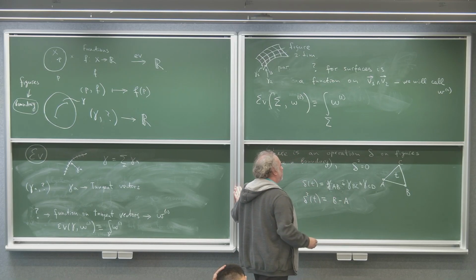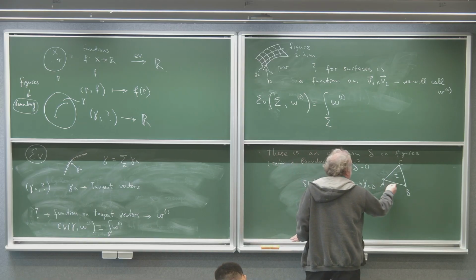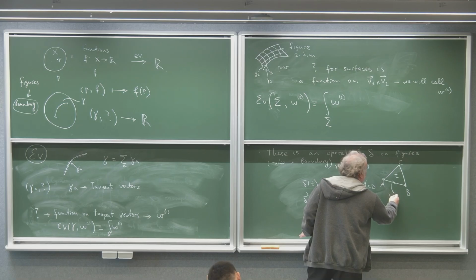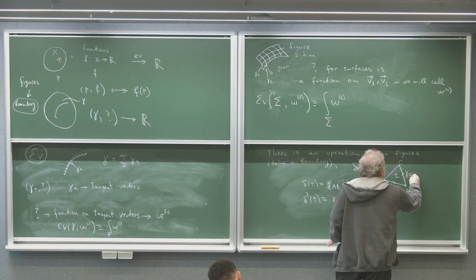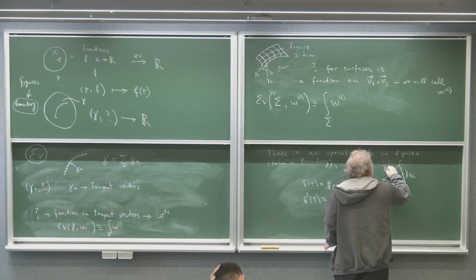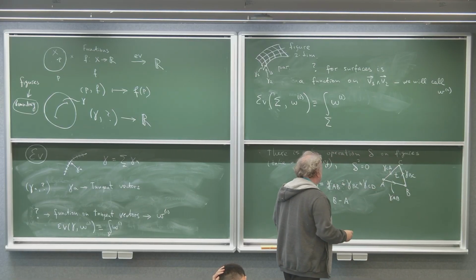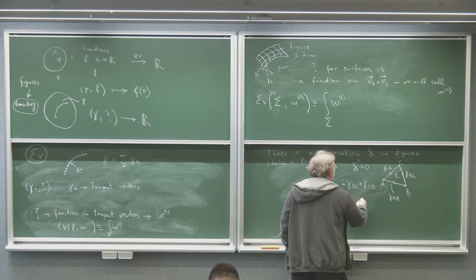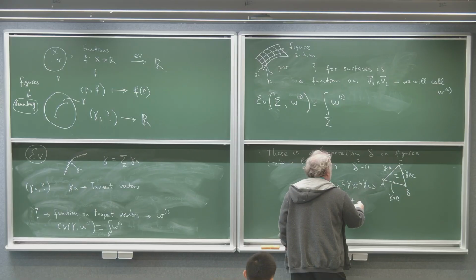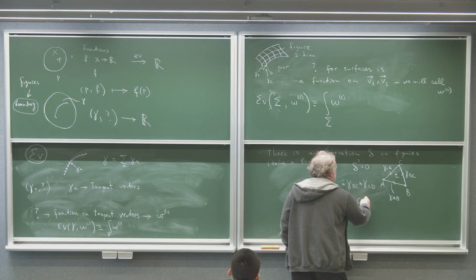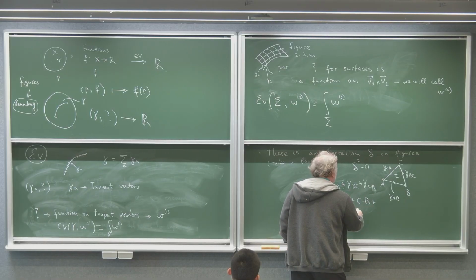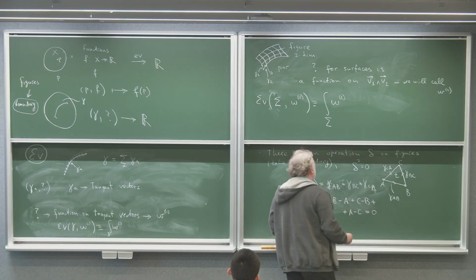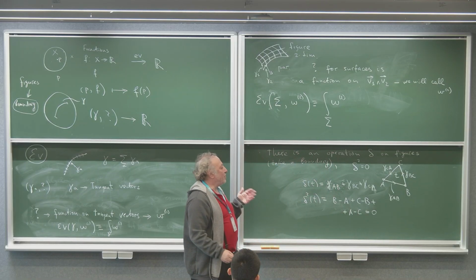So A and B are points, gamma AB is the curve. It is a geometric theory.